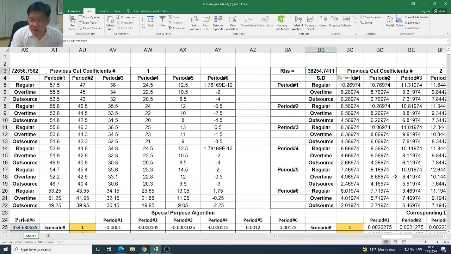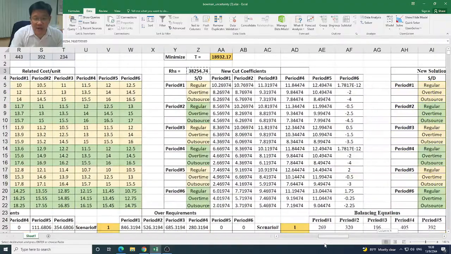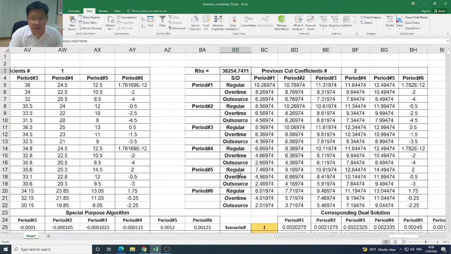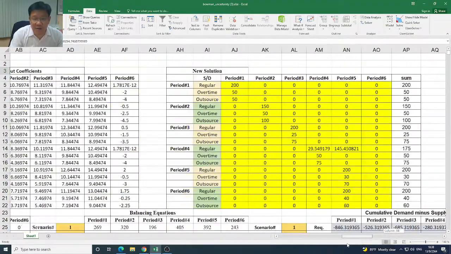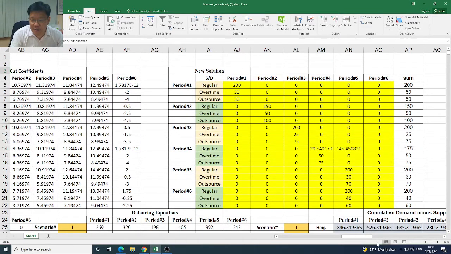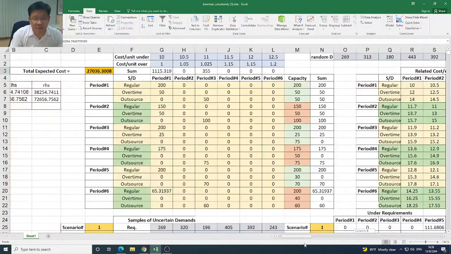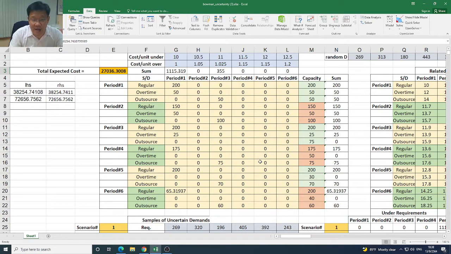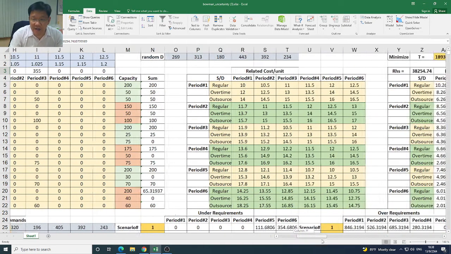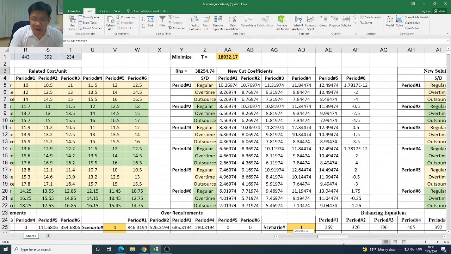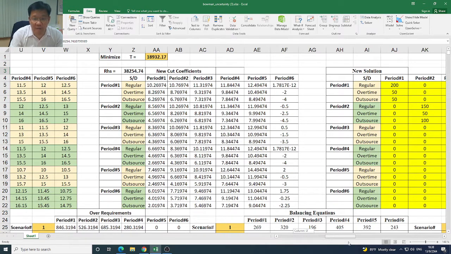Once you keep this cut coefficient constraint, you're now ready to replace this solution with this solution, to identify the new cut again. This one takes a little time because you cannot copy the formula, because of the allocation of x in 2 dimensions altogether.